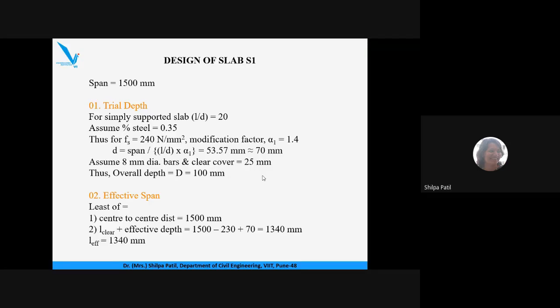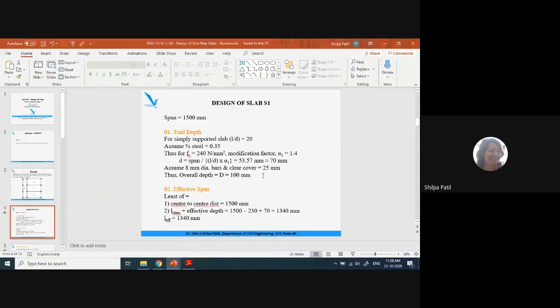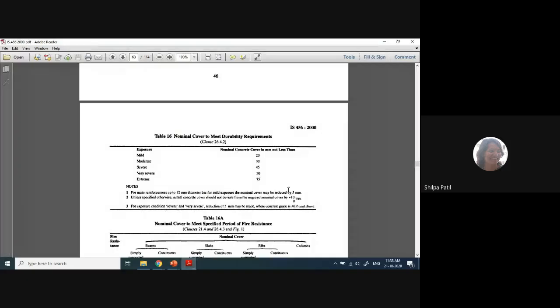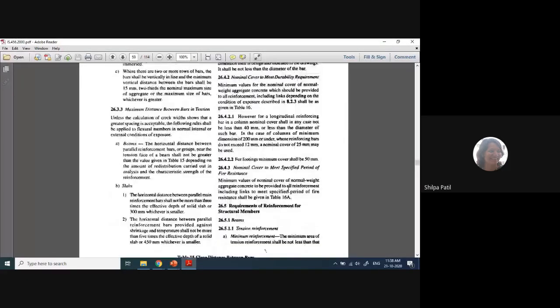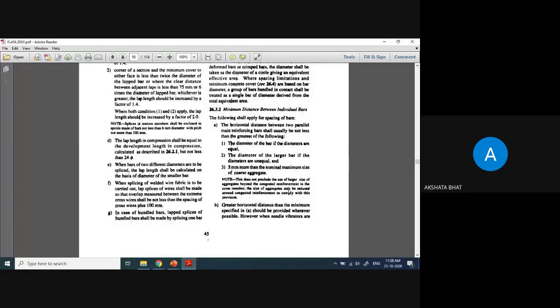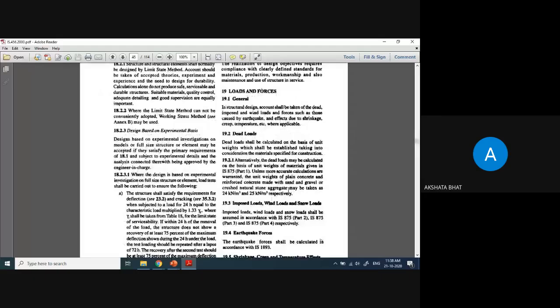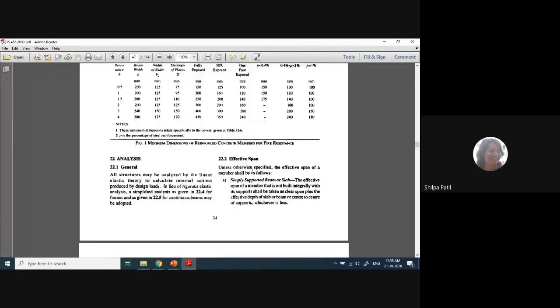So again, go to the code. I will shift to the code now and tell me the clause where the effective span criteria is given. Can anybody tell me the page number? 34.